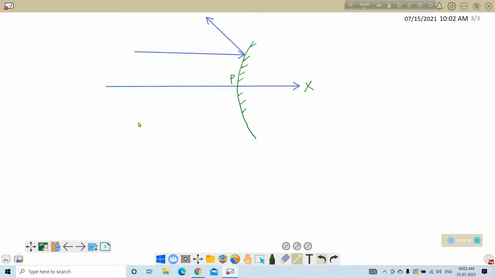Similarly, the ray from this side will also be reflected back in this manner. Now, if we produce this line and this line in backward direction, like this, this is a virtual ray, and this is also a virtual ray.